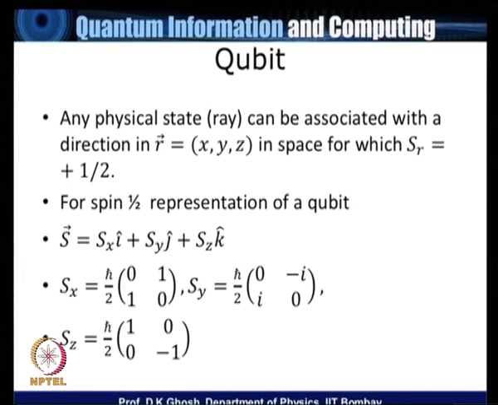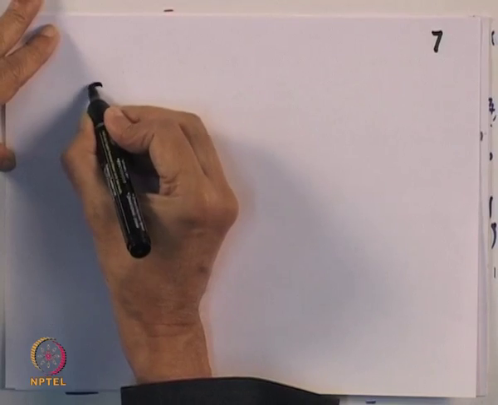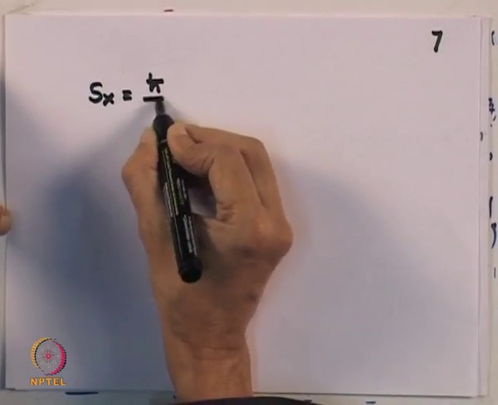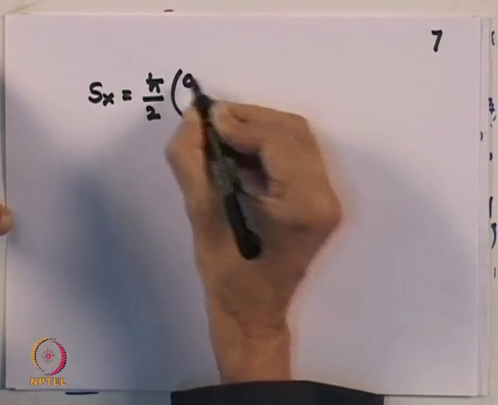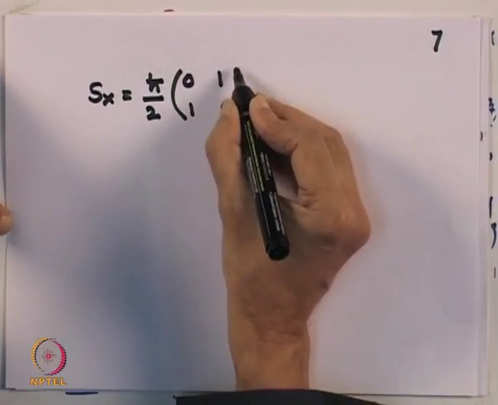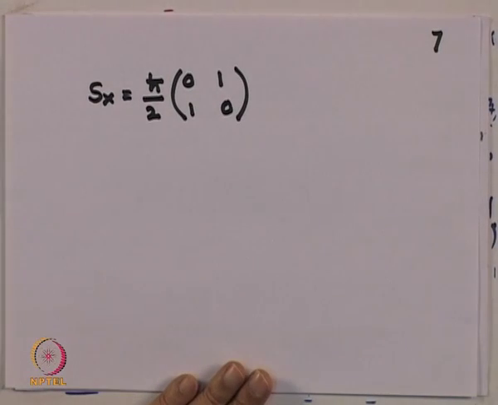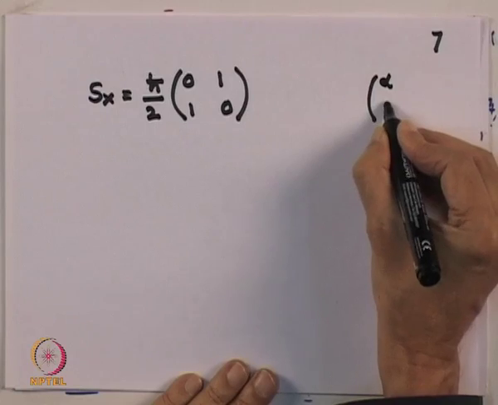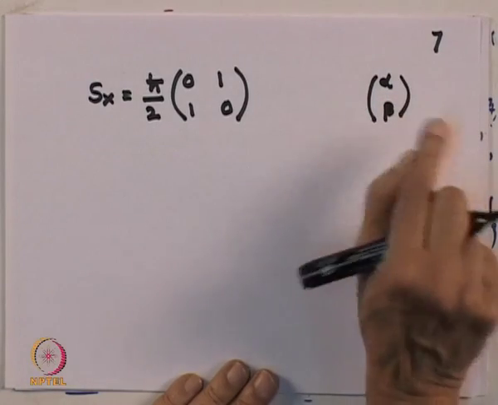So Sx is h cross by 2, 0, 1, 1, 0. Now remember, I am still in the two-dimensional Hilbert space, so my operators are 2 by 2, because they have to act on states like alpha, beta or a, b and give me a state of this type.